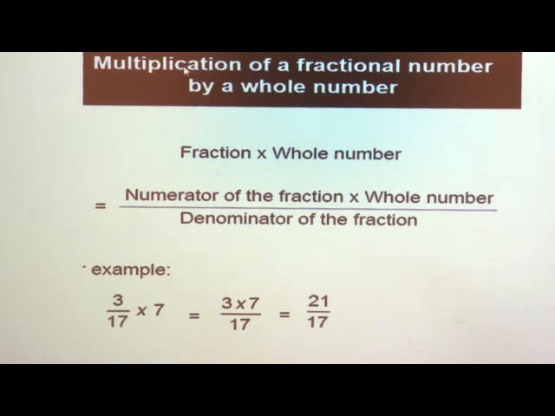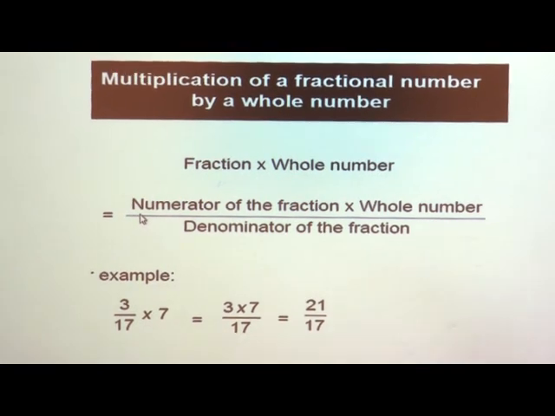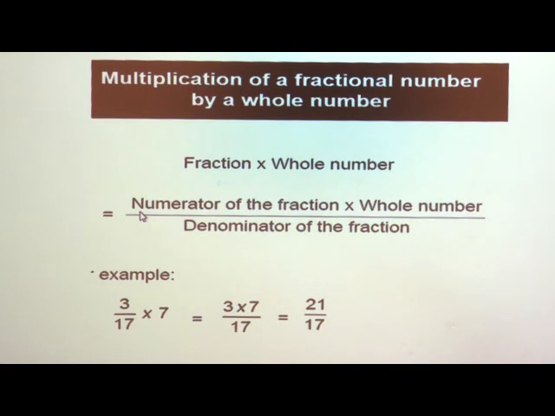Now, we have to do multiplication of a fractional number by a whole number. The fraction you know, we write as a numerator and denominator, multiplied by a whole number. So, the numerator of the fraction multiplied by the whole number, upon the denominator of the fraction. Again I will explain, so it will be easier how to write a multiplication of a fraction with a whole number.